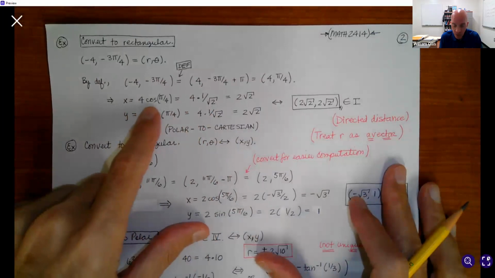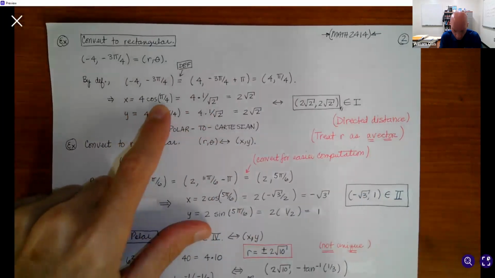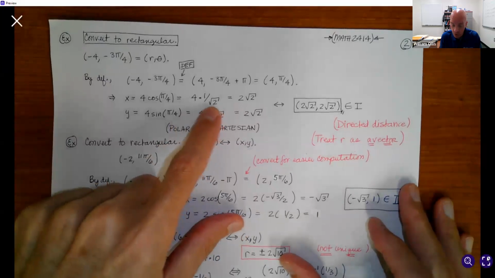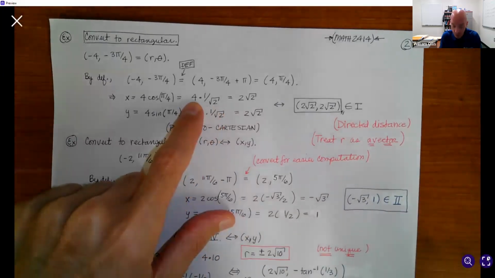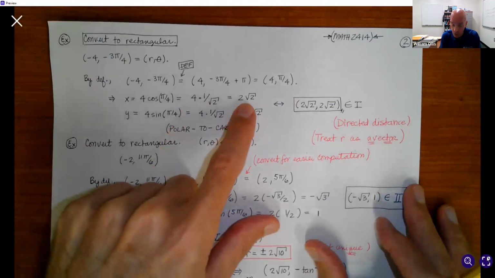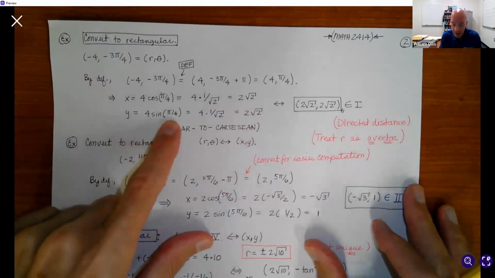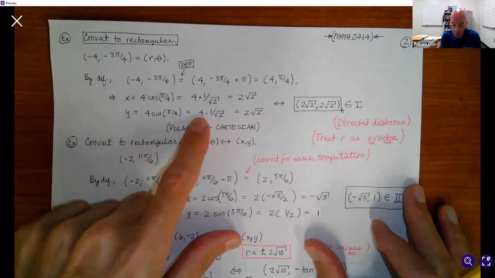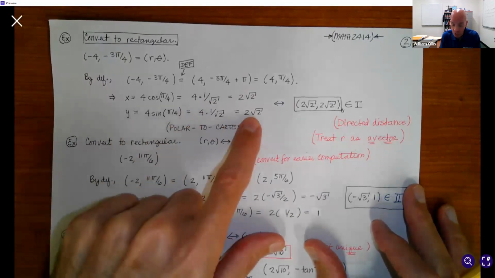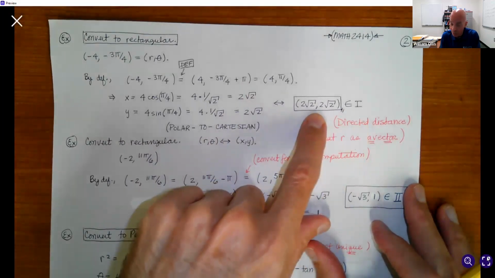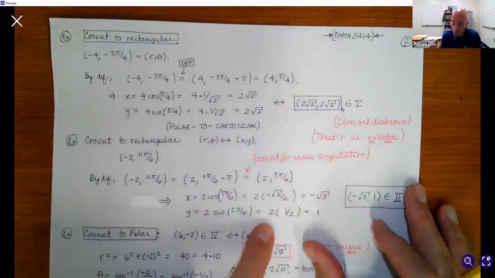So now we have cosine of pi over 4, which is 1 over √2. And √2 will absorb into one of the two factors of 4 to give us 2 √2. And then the same for y. Sine of pi over 4 is 1 over √2, and we get y is just 2 √2. And then we have a first quadrant Cartesian pair, 2 √2, 2 √2.